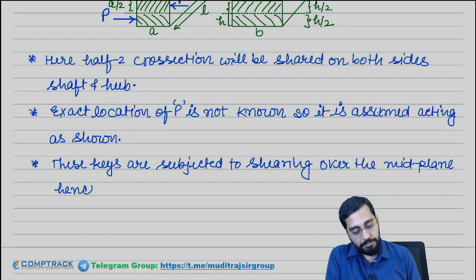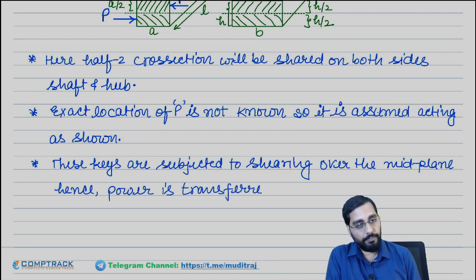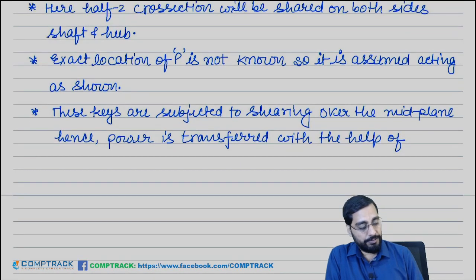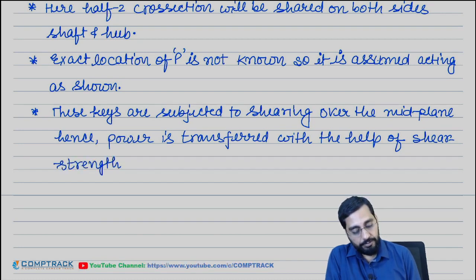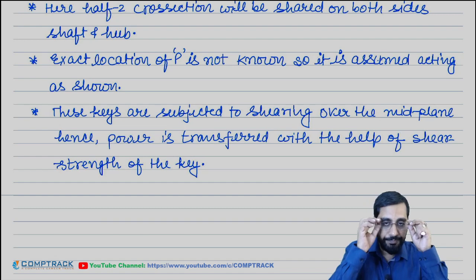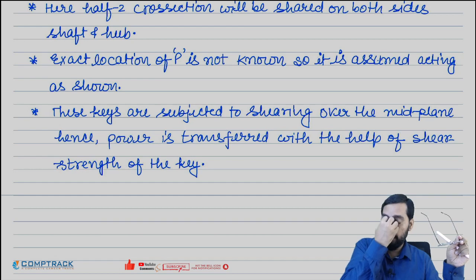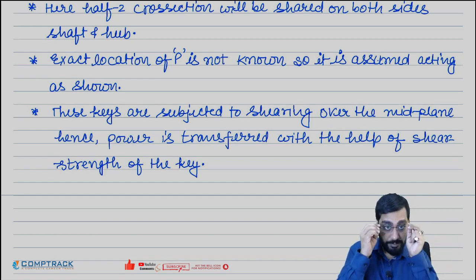Hence, power is transferred with the help of the shear strength of the key. So if shear strength is high, more power can be transferred. If shear strength is low, less power you can transfer.